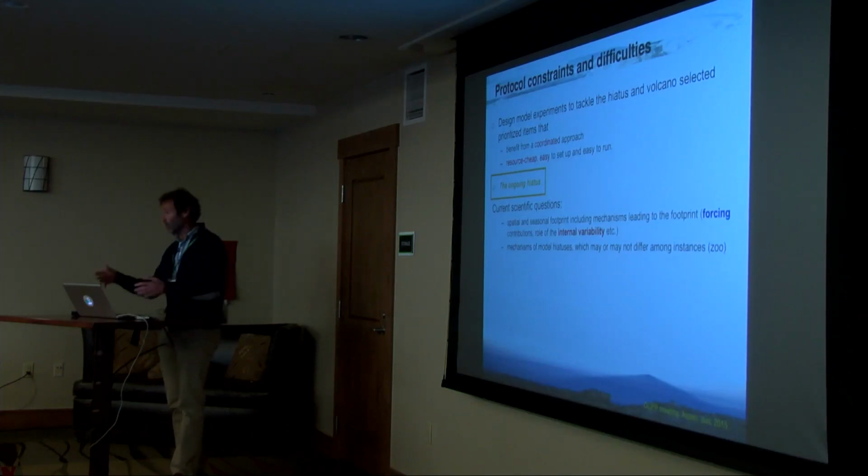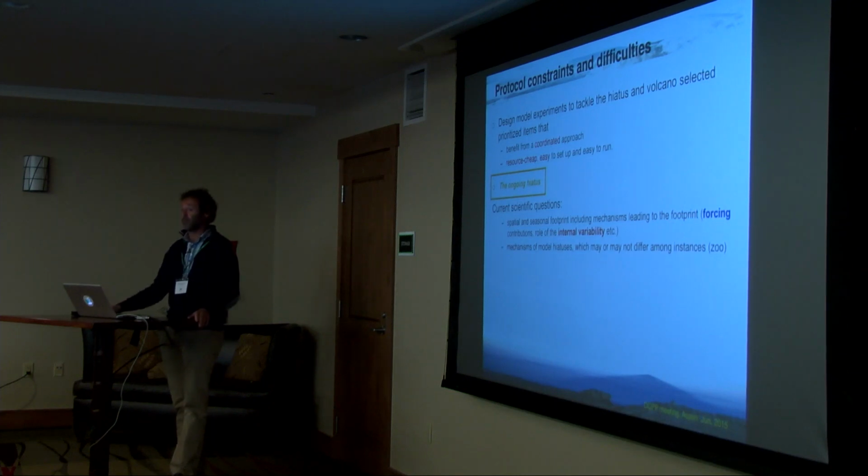We also want to understand the mechanisms of the hiatus that are present in models and why they are so different between models, because we have a zoo of mechanisms for the same, I would say, final product. The AMV in some models can be triggered by some mechanism. In our model, it's a completely different mechanism, but we end up with a kind of low frequency fluctuation in the entire North Atlantic.